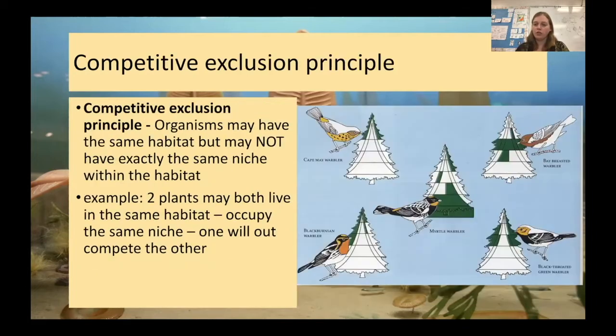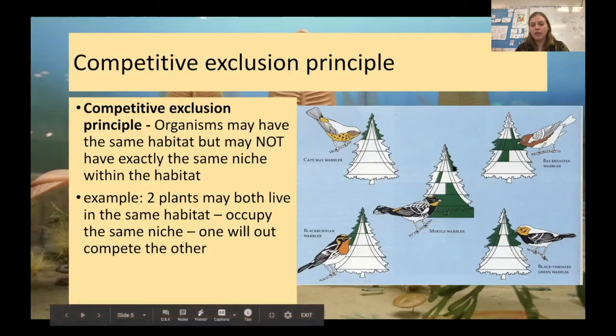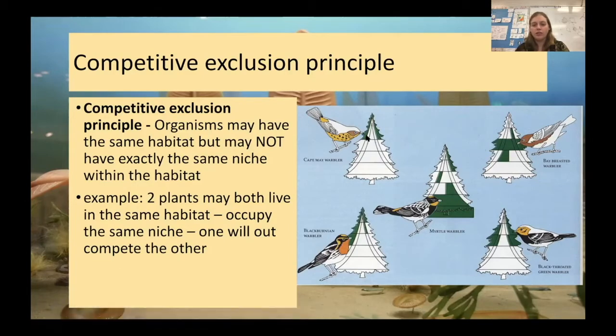The competitive exclusion principle basically states that two individuals can't live in the exact same area and have the exact same role without competing for resources. So here we've got 5 different birds living in the same tree. And notice that different parts of the tree are shaded for different birds. This is representing where they would get their food in these different trees.